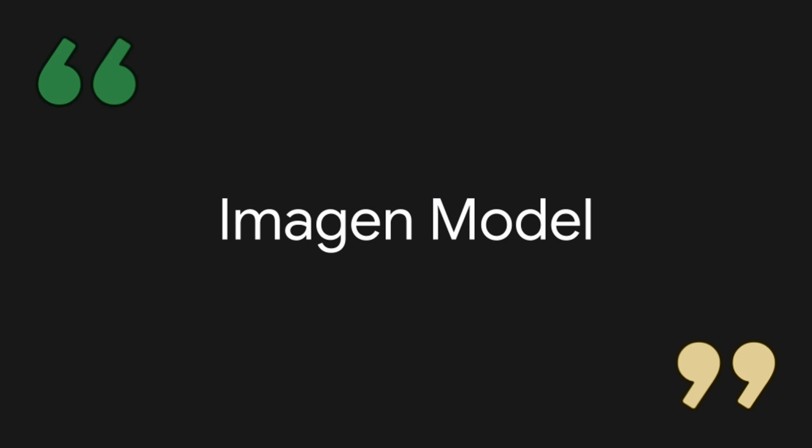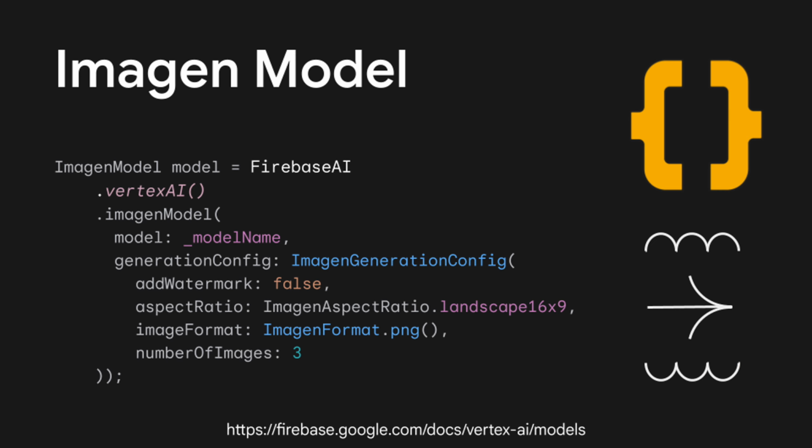What about the second one, Imagen, for images? How do you set that one up? Similar initialization, FirebaseAI.vertexAI.imageModel. The slides used a placeholder for the model name, so you plug in the specific image model version you need. But the interesting part shown was the image generation config you can pass in.